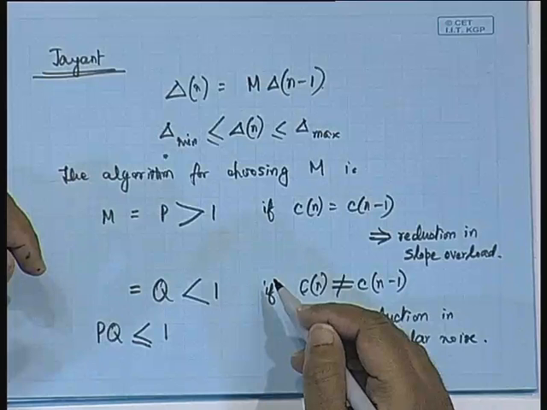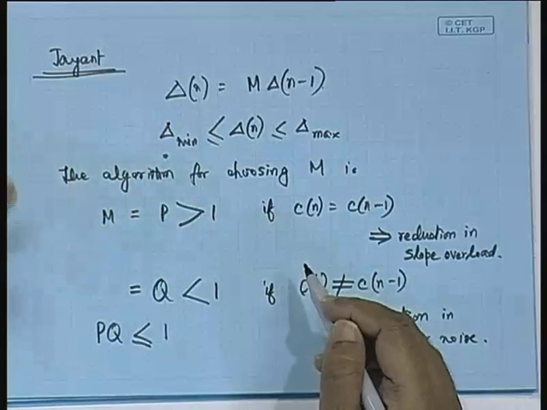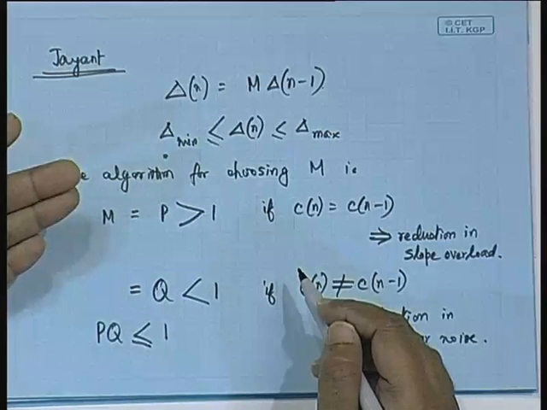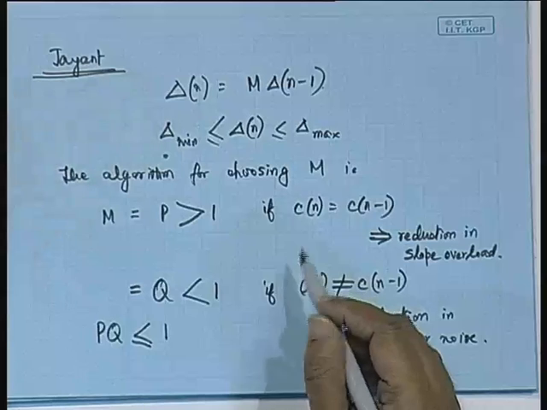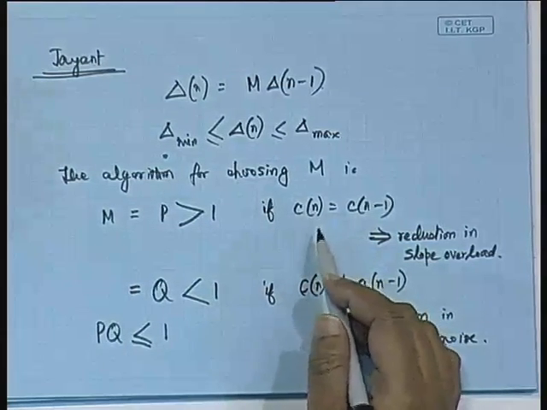Can we take P and Q to be adaptive also? Yes, we can, but as I was mentioning, that will make the algorithm fairly complicated, if you are making P and Q continuously adaptive. At least for this feedback adaptation, the algorithm looks simple, because what are the possibilities?